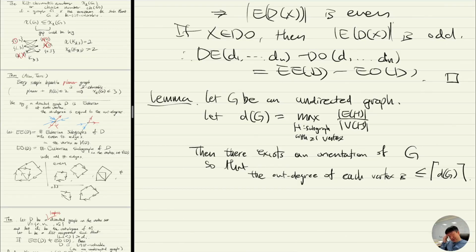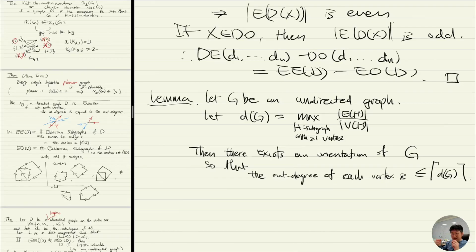So for instance, if you have double the number, then actually there's different consequences, right? So for instance, if the density is d, then the average degree is at most 2d. So you can find a vertex whose degree is at most 2d, and then you delete it, and on the remaining graph you apply induction.